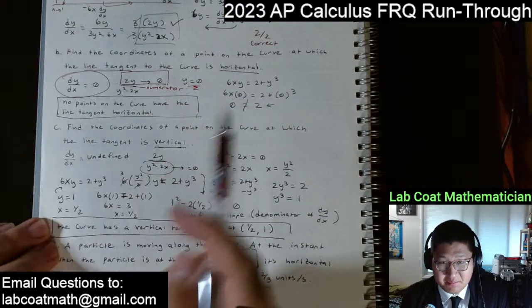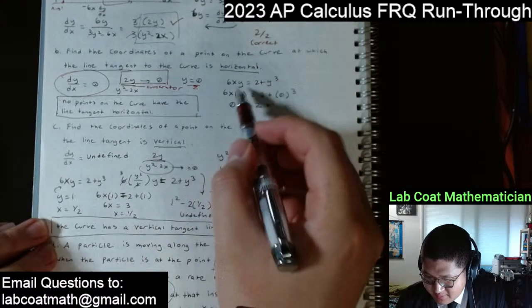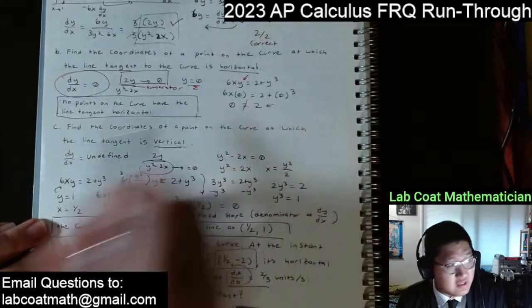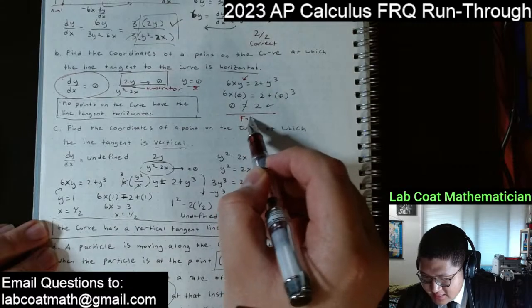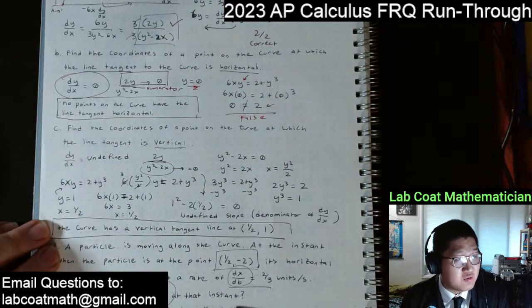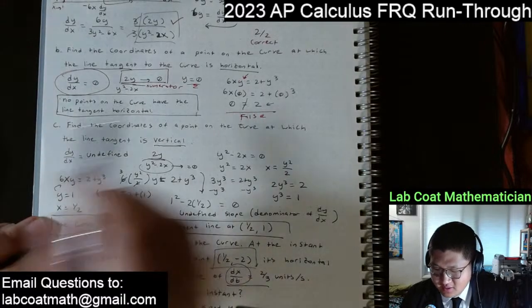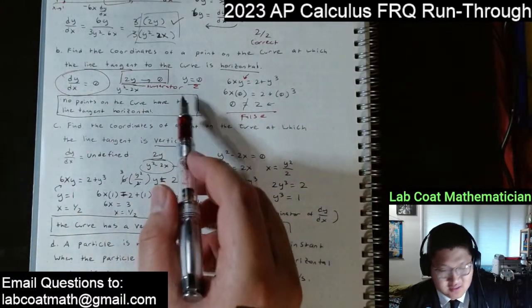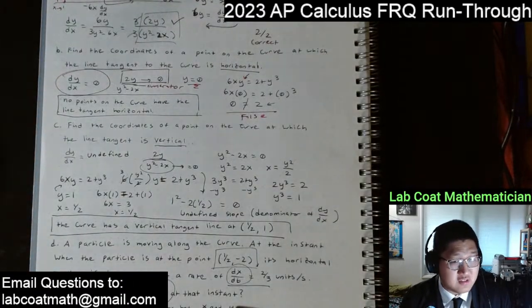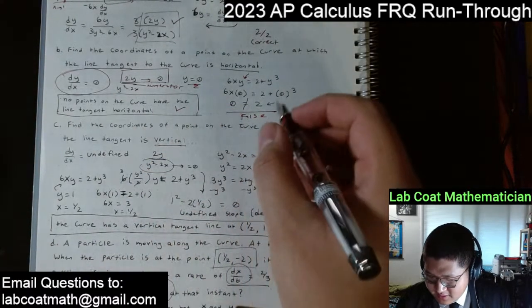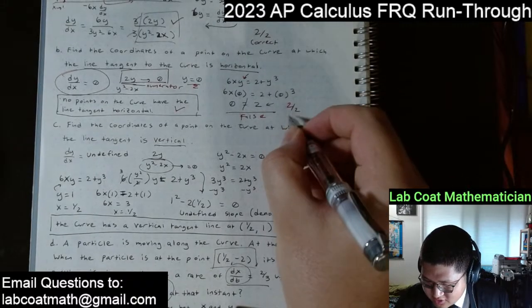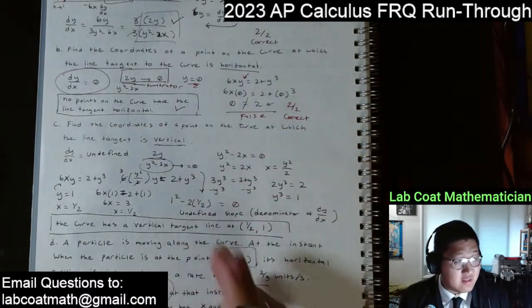But this is where the but comes in: the main issue is that if we plugged in to find the x coordinate on the original function, we end up with a false math statement that 0 must then be equal to 2 for that point to exist. Of course, because it's a false math statement, no value of x would satisfy that first derivative being equal to 0. So we conclude that there is no point in which the line tangent of that curve is going to be horizontal. So because of that, that is 2 out of 2 correct for that part.